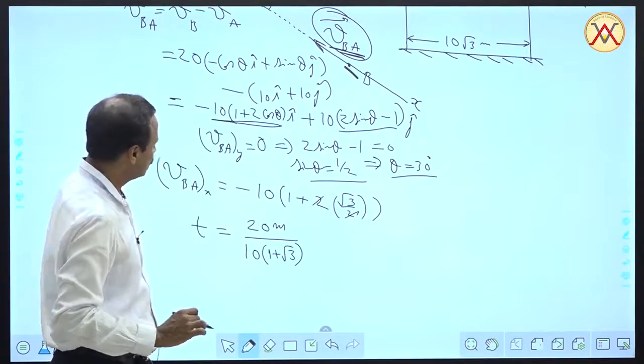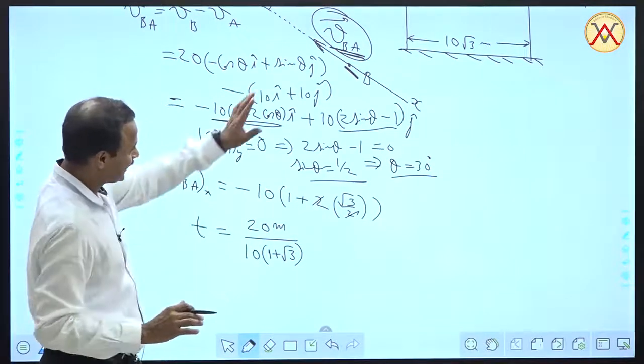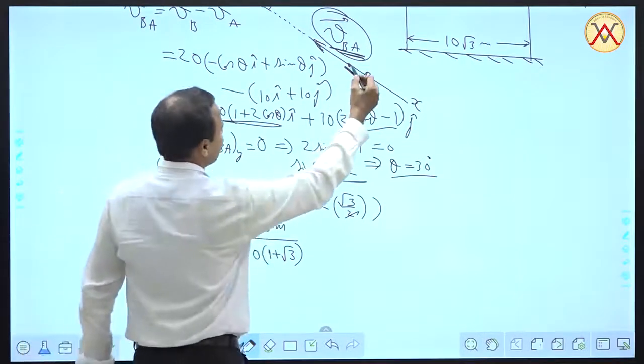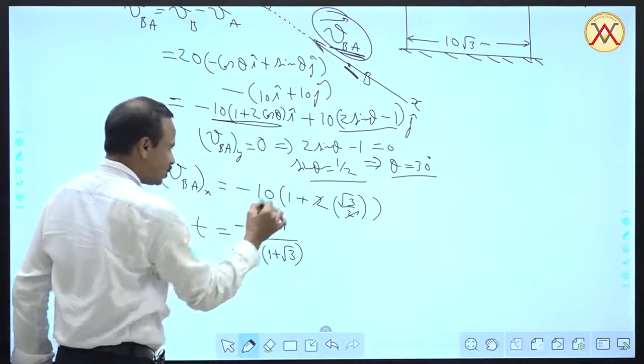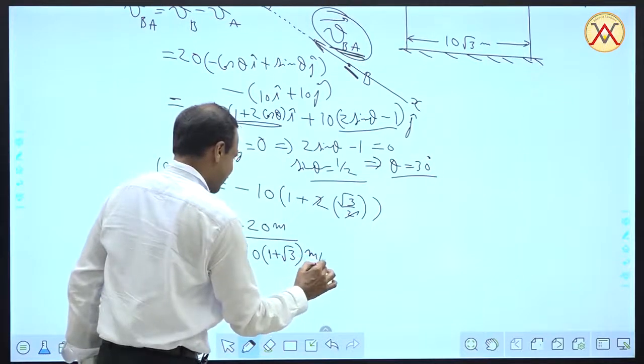All right. If you are taking care of signs also, we should see that the displacement is in fact negative. It is in the negative x direction, and VBA x is also negative. This is of course in meters per second.